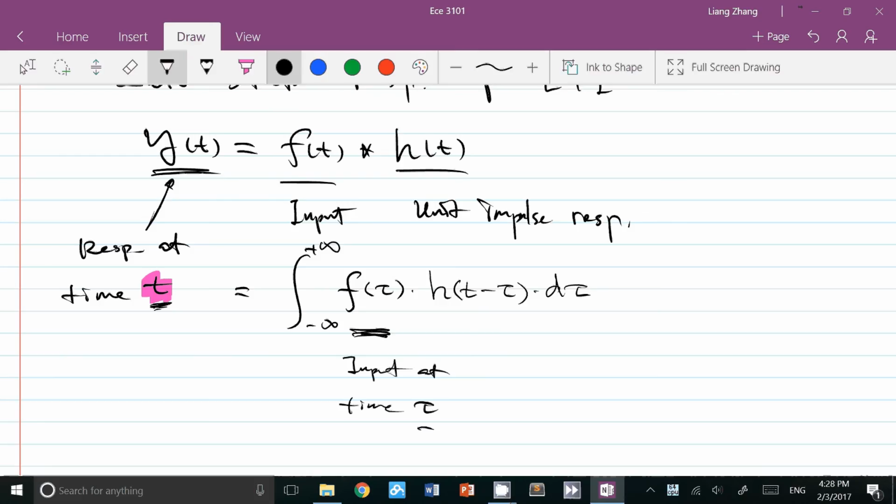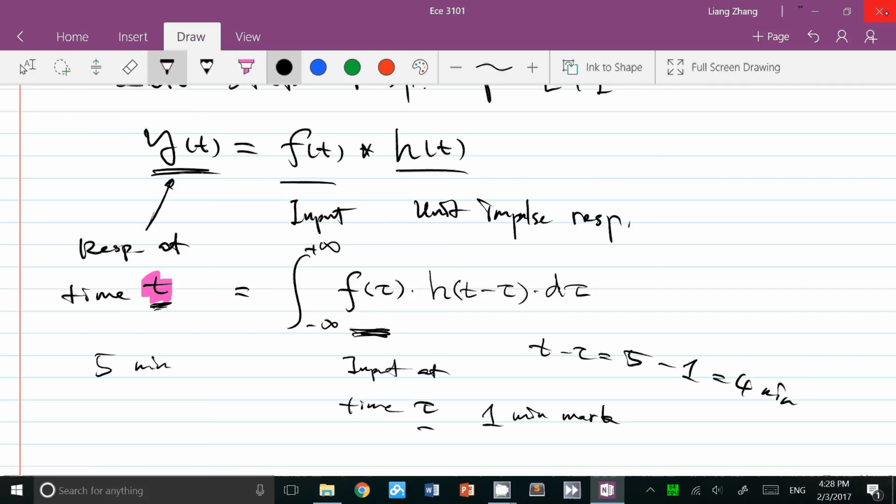For instance, an input is supplied at the 1 minute mark, tau equal to 1 minute, and you want to know what happens at the 5 minute mark. And of course, the total time elapsed will be 5 minus 1 equal to 4. This is how everything will add up together.